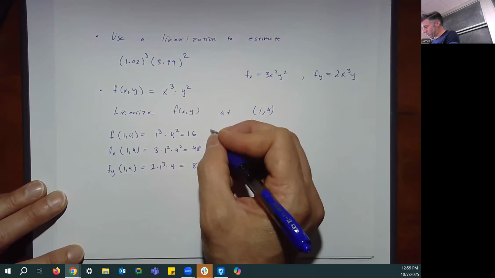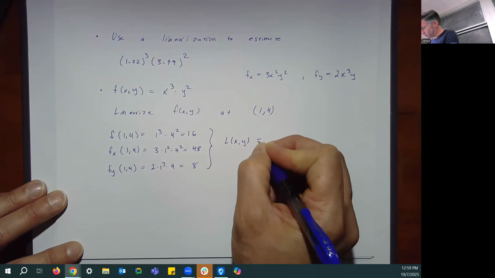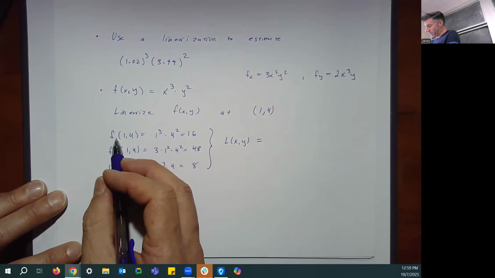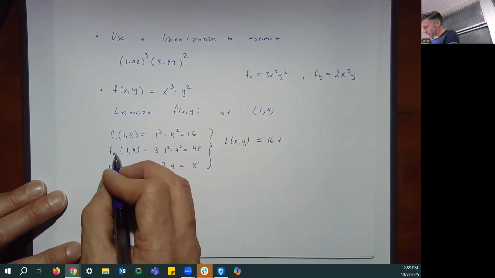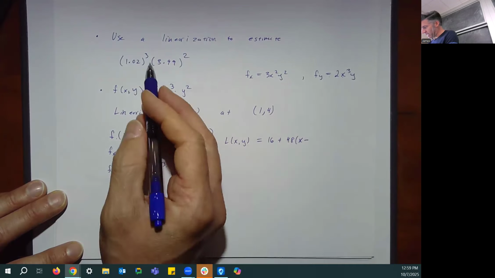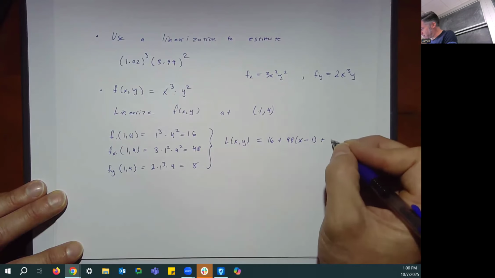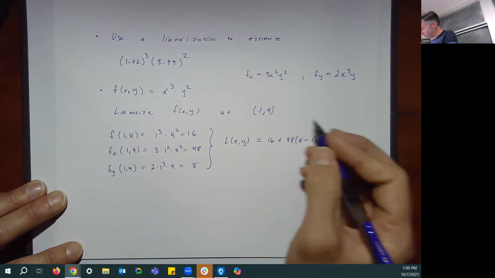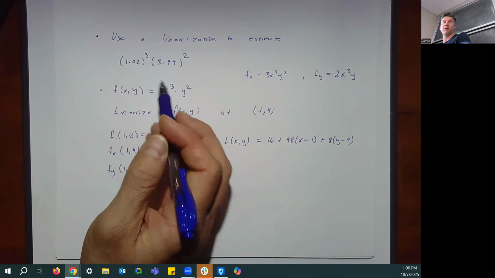And so our linearization is going to look like L of (x, y) equal to our f of (x naught, y naught), which is 16, plus our fx, which is 48, times x minus the nice x value of 1, plus our fy, which is 8, times y minus the nice y value of 4. And then we're going to plug in the not as nice numbers to get our estimate of the value.